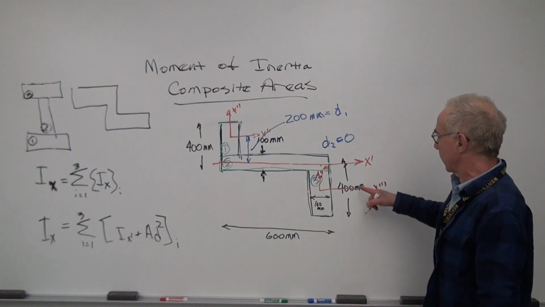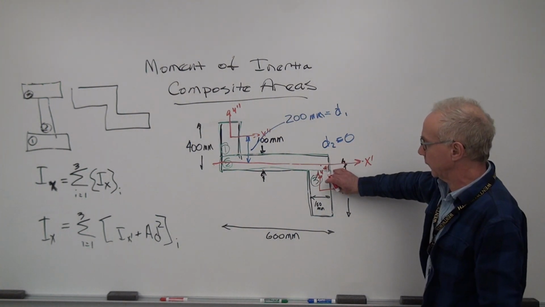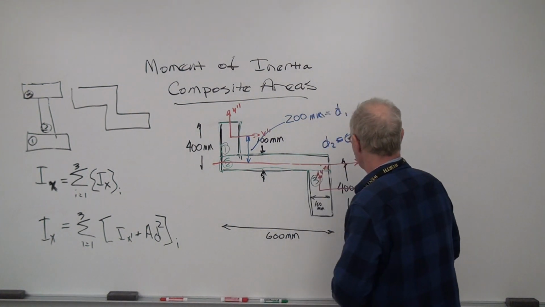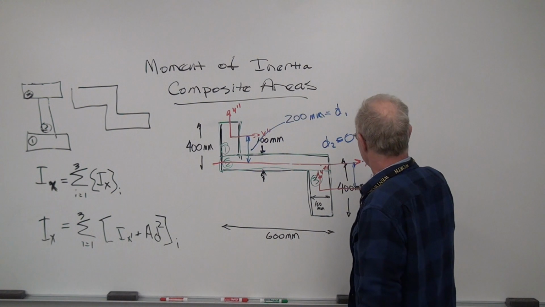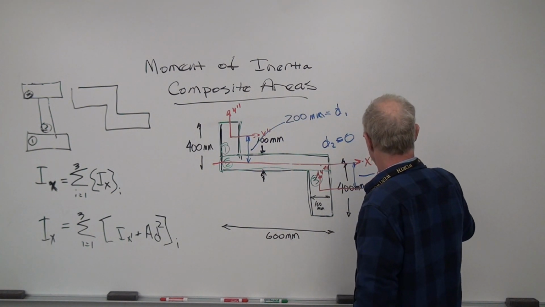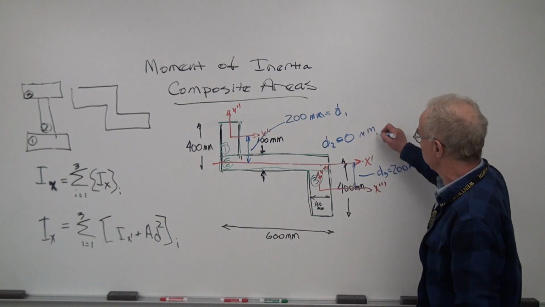And the distance from here to here is, again, 50 plus 150 is 200. So that's our d3 value. We have a distance here of 200. d3 equals 200 millimeters. Okay? d2, that should be also millimeters.